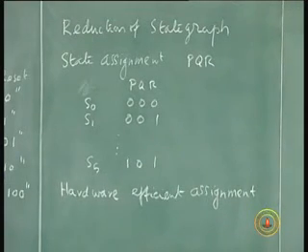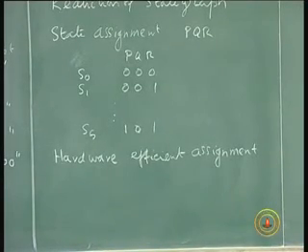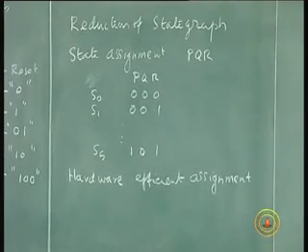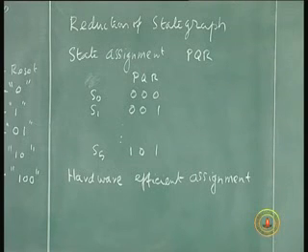By this what I mean is, instead of blindly saying S0 is 0, 0, 0, S1 is 0, 0, 1, S2 is 0, 1, 0, instead of saying that, can I use some sort of a rule and figure out which state should be next to which state?